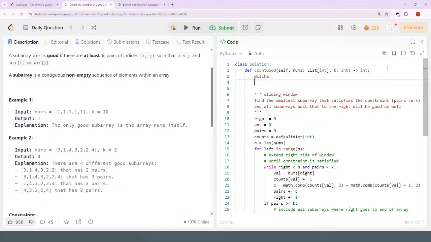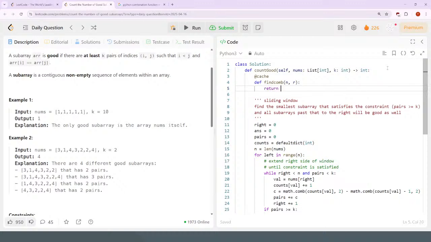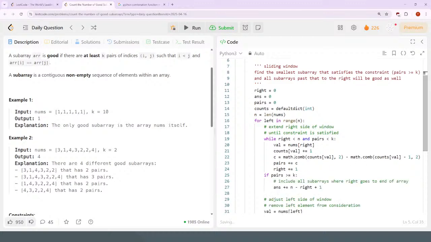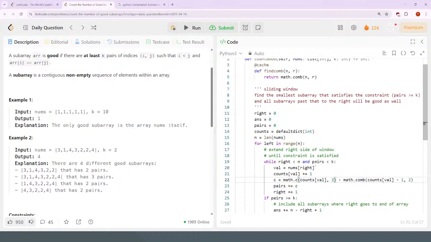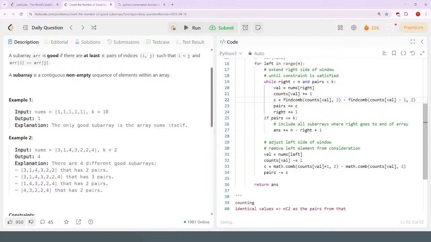Let's say find combinations of n choose r. Return combination of n, r. Alright, so let's do find combination this.